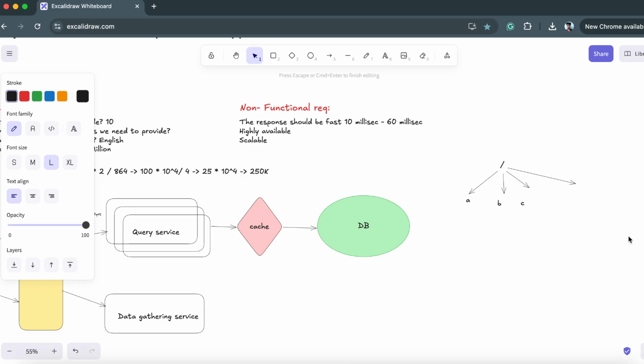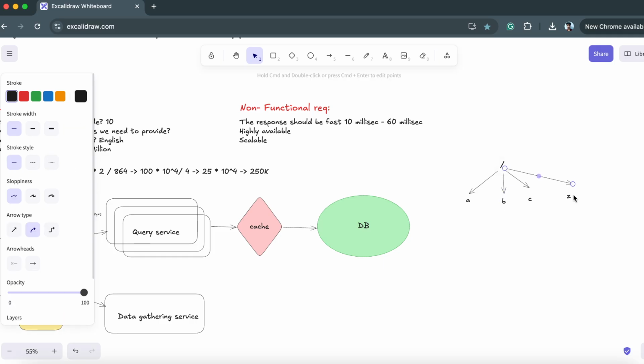So we will have these 26 character instances available at each level. At this a, at b, and at c, we will each have 26 instances of tries.